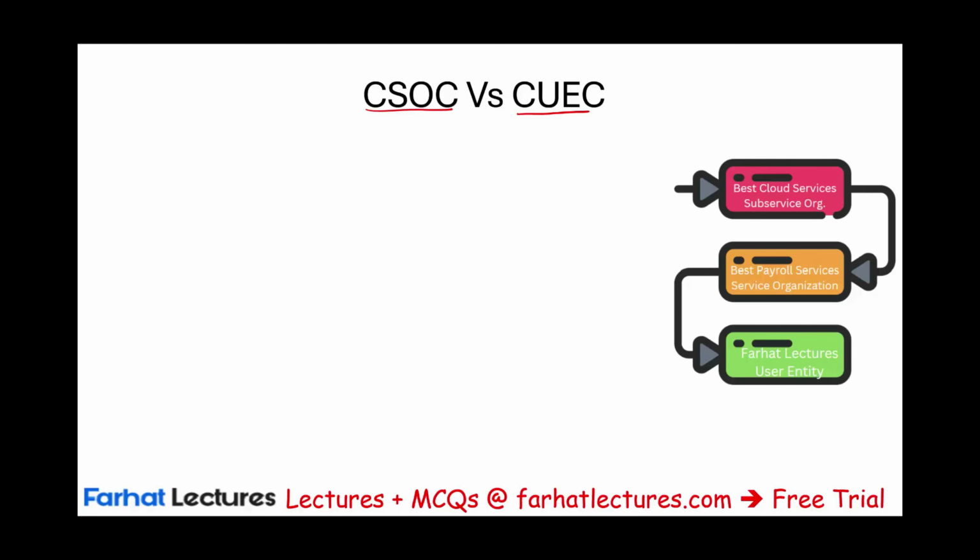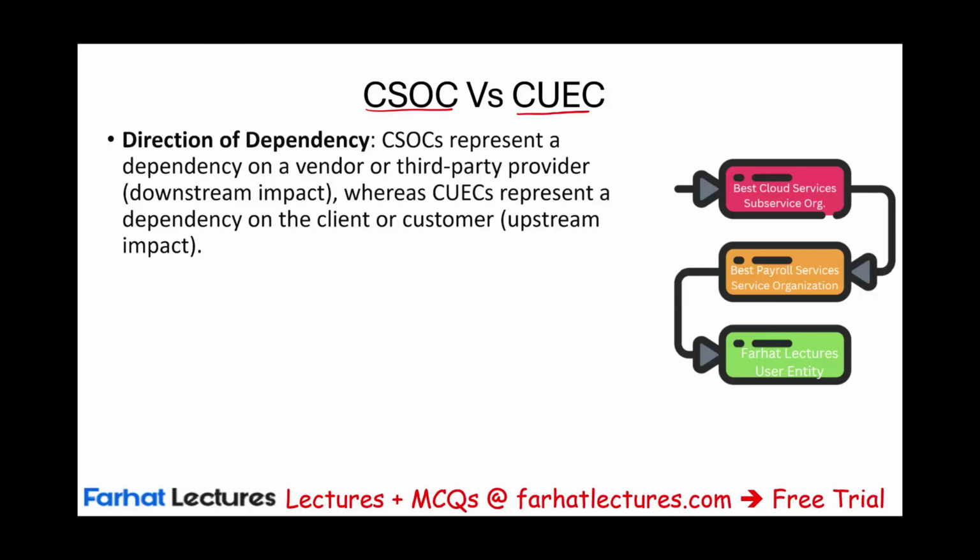Now, I'm going to try to summarize this, and hopefully this summary will clarify it. Direction of dependency. CSOCs represent a dependency on a vendor or a third-party provider. It's downstream. So if Best Payroll Services is the service entity, what's happening? The Best Cloud Service is the subservice organization.